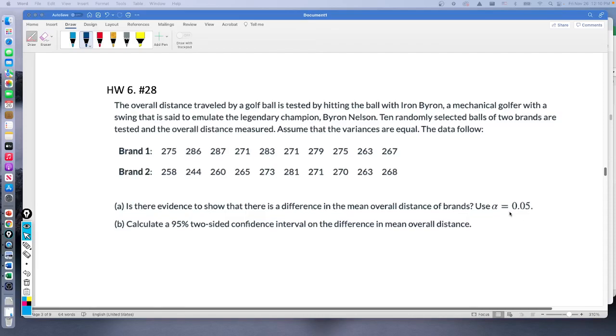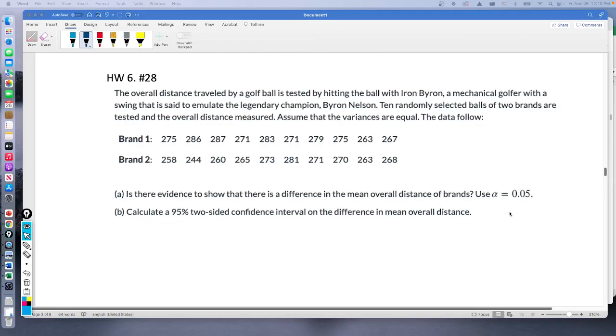So again, we sort of go through the 7 steps with this, and then we'll calculate the confidence interval. So the first step is, what are we looking for? We are looking for a difference in the means. Is there a difference between the 2 different brands of balls getting hit further?